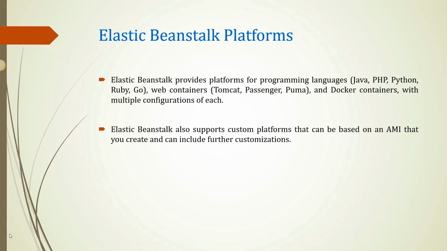Elastic Beanstalk provisions the resources needed to run your application, including one or more Amazon EC2 instances. The software stack running on an Amazon EC2 instance depends on the configuration. In a configuration name, the version number refers to the version of the platform configuration. So these are all the supported platforms for AWS Elastic Beanstalk.